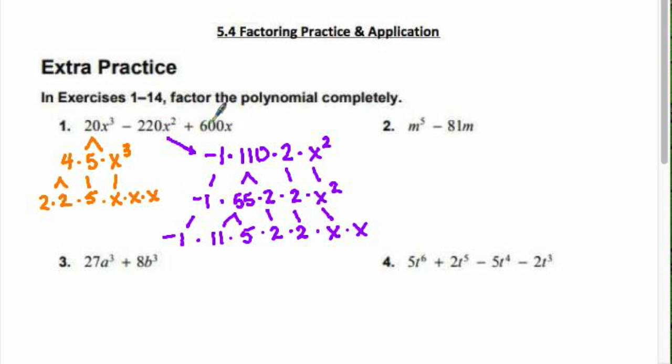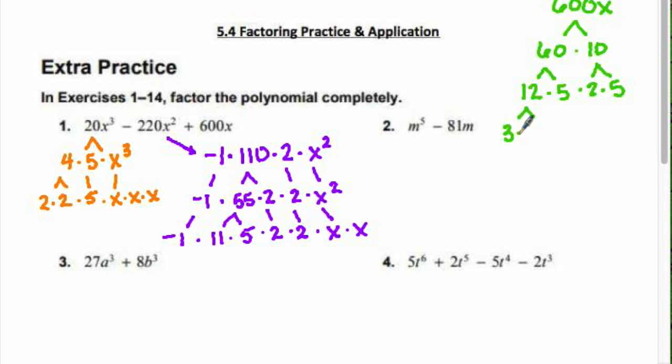Okay, 600x, this big boy I'm going to come over here and do. 600 we could do 60 times 10, or 6 times 100, kind of whatever you see there, but we're going to have to break it down again anyway. So 60 would be 12 times 5. 10 would be 2 times 5. 12 I could break down into 3 times 4, but I know that 4 is 2 times 2, so I'm going to go ahead and break that one down a little bit further.